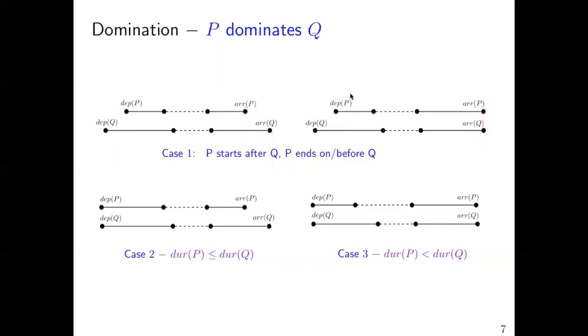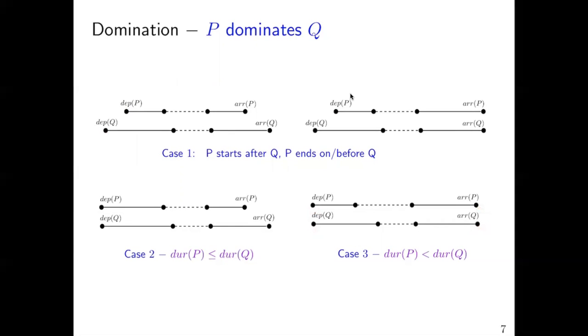This is case 1. Whereas in case 2, both P and Q start at the same time and further P ends before Q. On top of this, we have another constraint where the travel time of P is at most the travel time of Q. As per case 3, the starting time of both P and Q is the same, and at the same time the arrival times of P and Q are also the same.